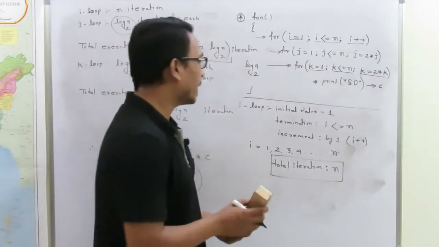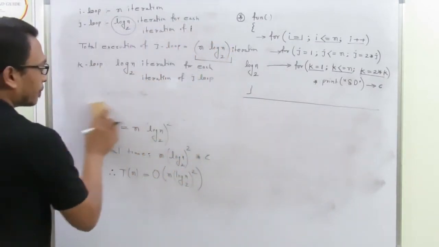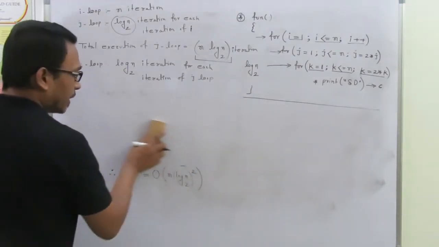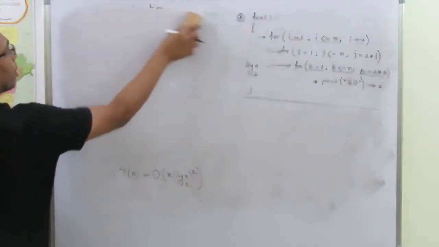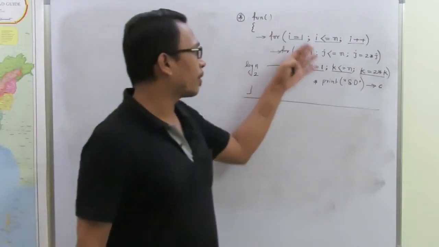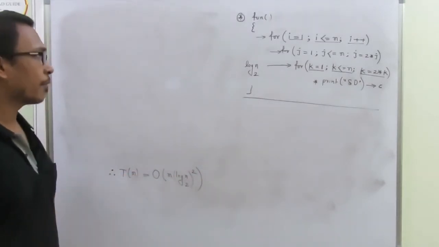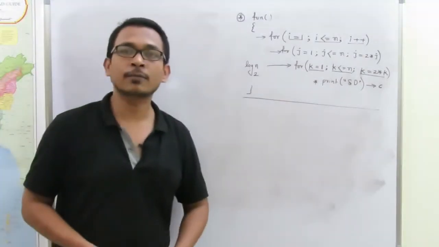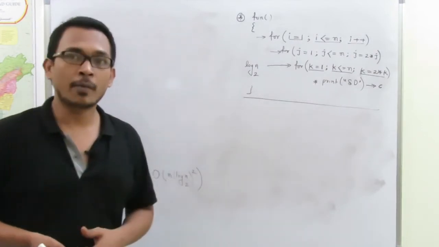We don't have all these things; I am assuming that you already understood all these concepts. By looking at the problem itself, I am going to find this time complexity directly.